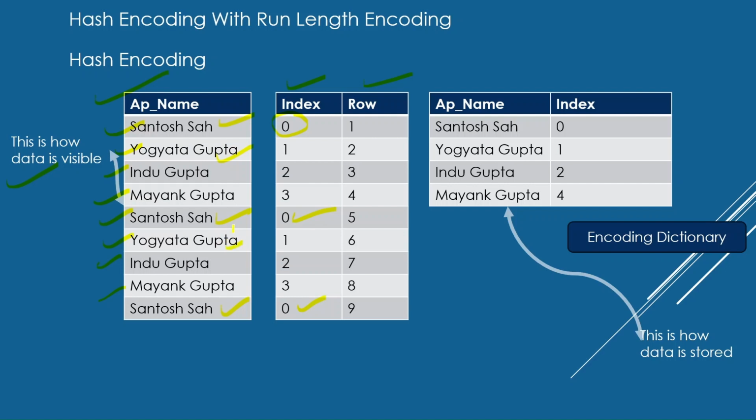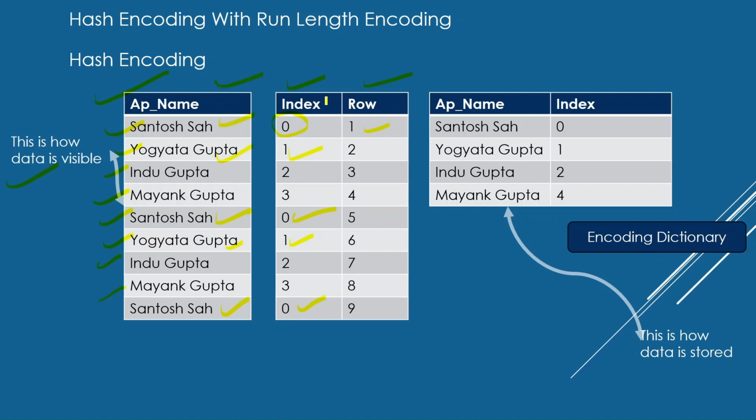This is a unique value, that's why one index is assigned to her. So the index number here is 1, and the index number here is also 1. Same for the others, and it also provides the row number, meaning the row number in the main table where that particular index value is present.